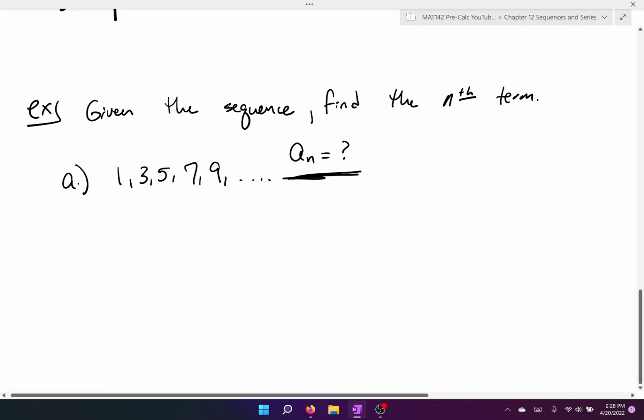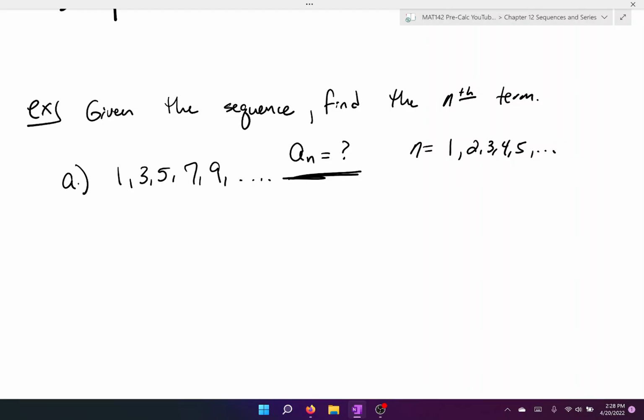Given this a sub n, I can let n equal 0 if I wanted to, or I can let n equal 1. I'm going to let it equal 1 for this one, okay? What I want to do is figure out what formula will generate 1, 3, 5, 7, 9, and so forth, okay?